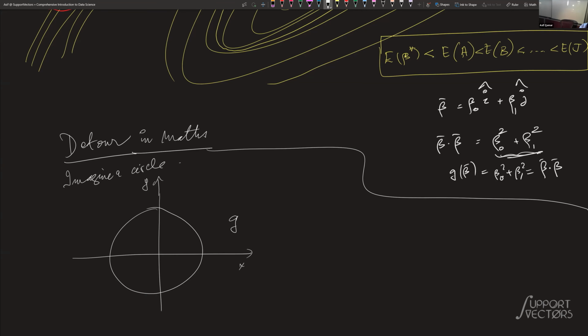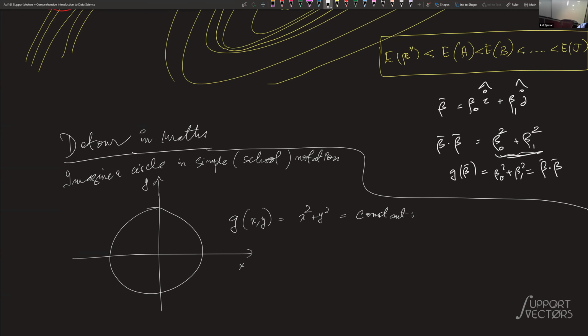That is right. Let me just write it like this in simple. Is this in 2 space or 3 space? I'm just looking at two space for the time being. You can do it in 3 space, it doesn't matter, but let's be very, very simple. The equation of the circle is x squared plus y squared is equal to some constant.